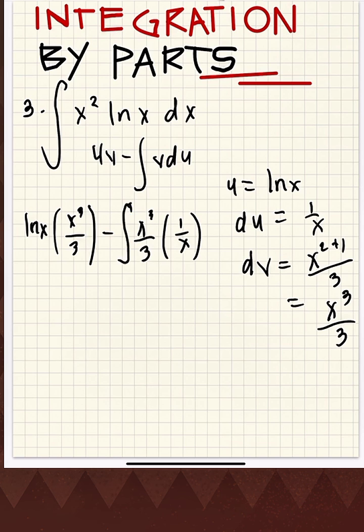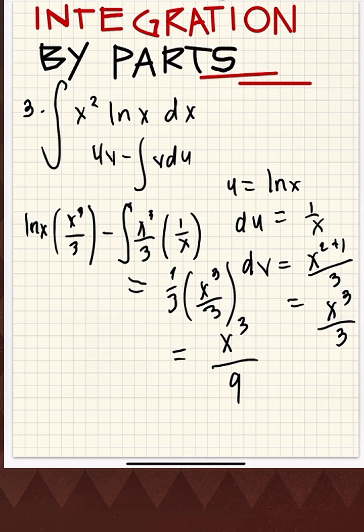So the answer for this is 1 over 3 times x cubed over 3, or multiplied, so x cubed over 9.